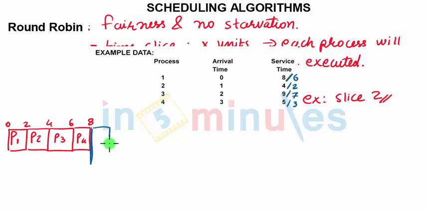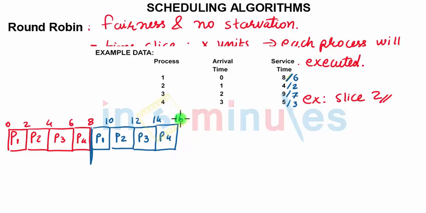For the next round, again we will start with P1, followed by P2, followed by P3, followed by P4. So after this cycle, what has happened? Out of this 4 is left, out of this 0 is left, out of this we are still left with 5, out of this we are left with only 1.